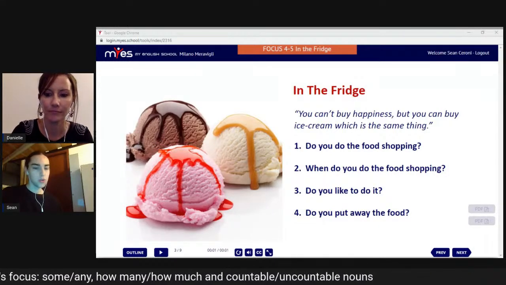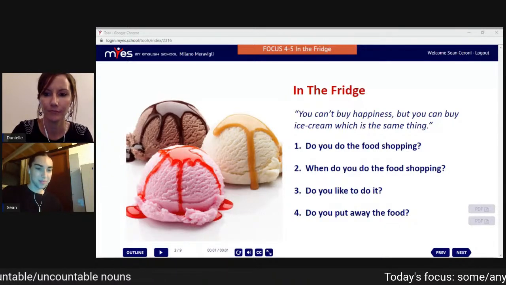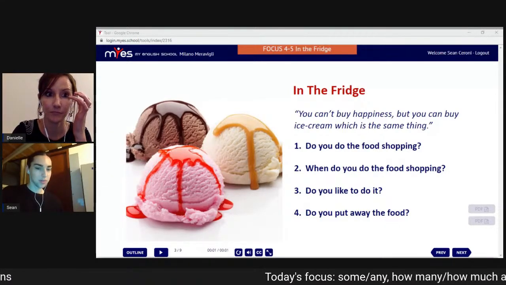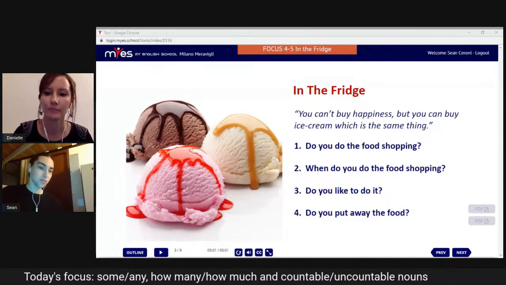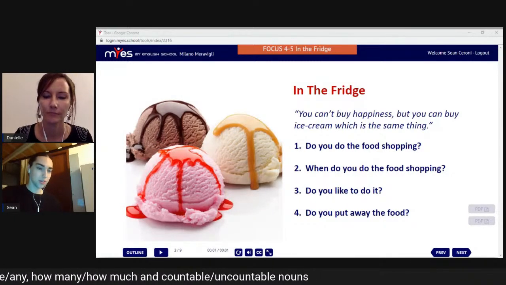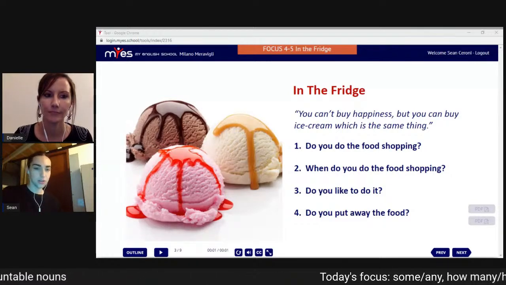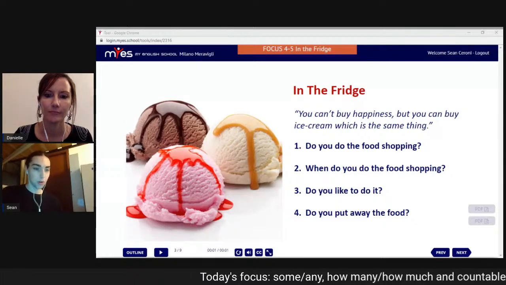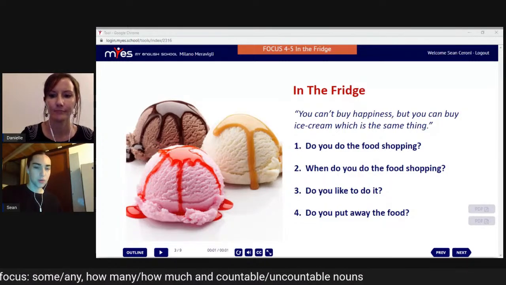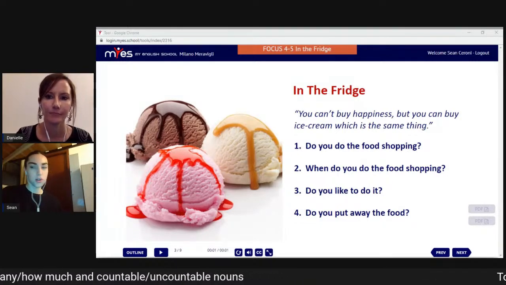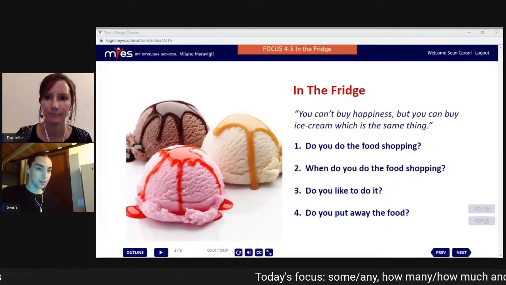So, do you do the food shopping? This is maybe confusing because the main verb is do, which is also the auxiliary for asking questions in English. If you're asking a question in English, you need do almost all the time. So the question, do you do the food shopping, means the person who is responsible for this task in your home.